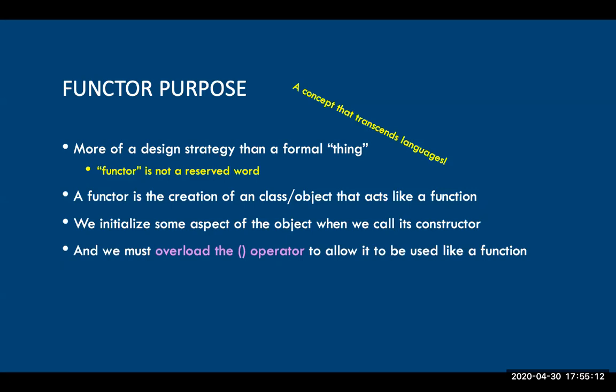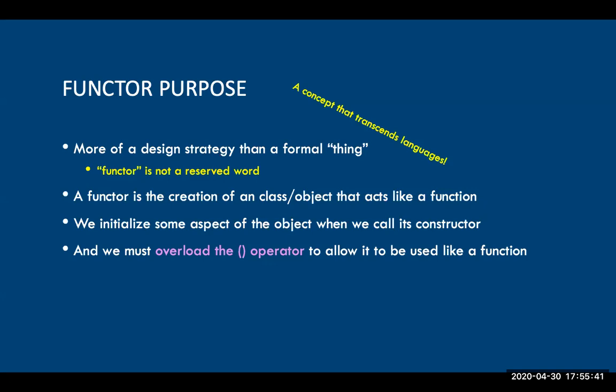Well, the key thing is we need to overload the parenthesis operator, the function operator. So two parentheses together like that. We've seen overloads for plus and minus and divide. So if we create a class where we overload the parentheses operator, we're basically saying, oh, you can say the name of your instance of the class and follow with some parentheses, and I'll assume you want to call this overload operator. That's what I'll assume you're trying to do.